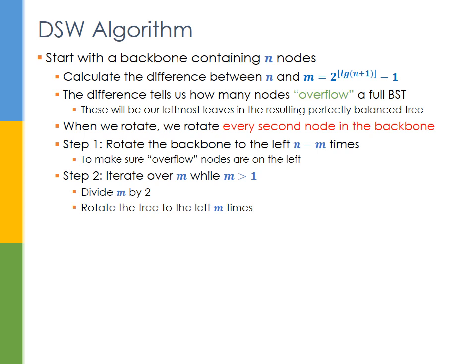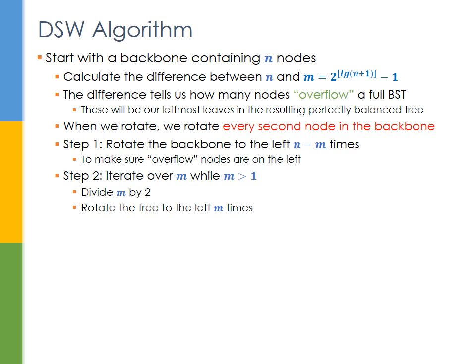So the largest full tree will be the largest tree in which every level is completely occupied by nodes. Now we calculate the difference between these values, so we take n and we subtract m from that, and this will give us the number of overflow nodes that need to be in the tree beyond the largest possible full binary search tree.